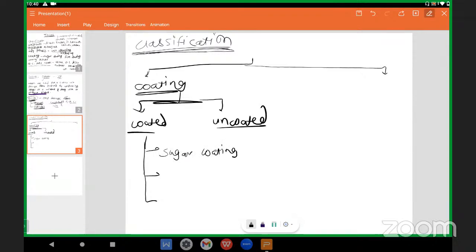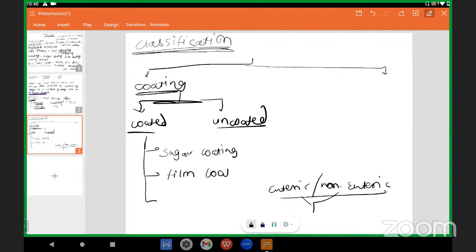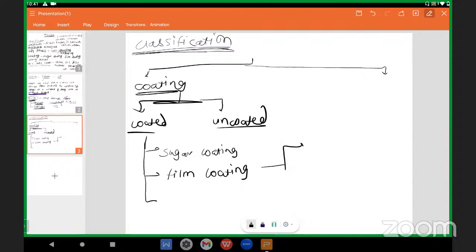Okay. If there is enteric, then the other will be non-enteric also, right? So both these categories, enteric as well as non-enteric, will come under the film coating. Are you getting my point? Yes. This film coating class will again be classified into two subclasses, that is enteric coated and second one non-enteric coated.